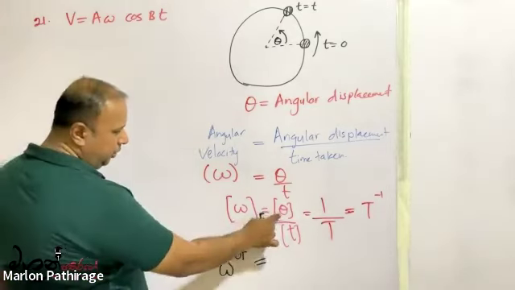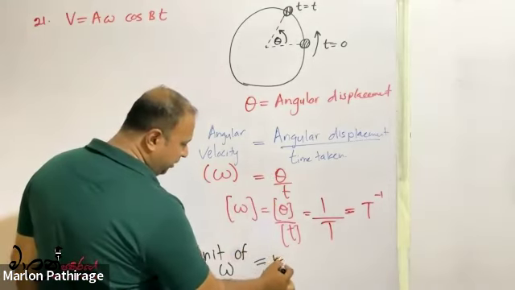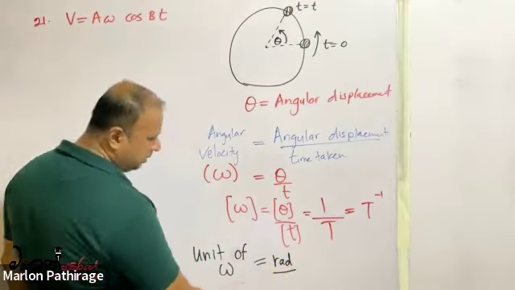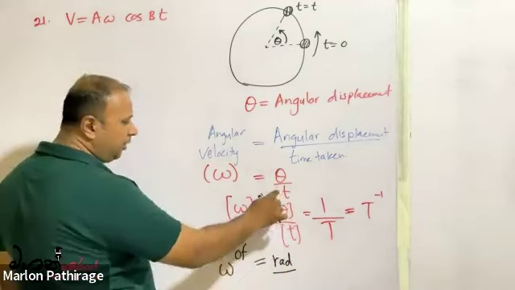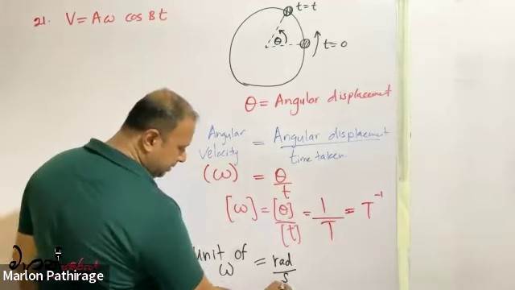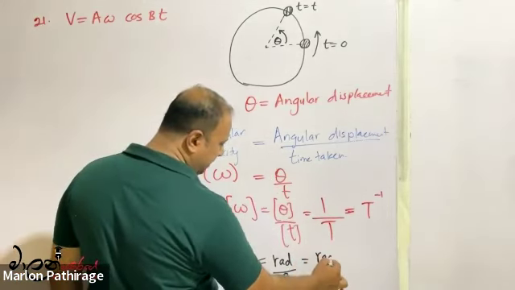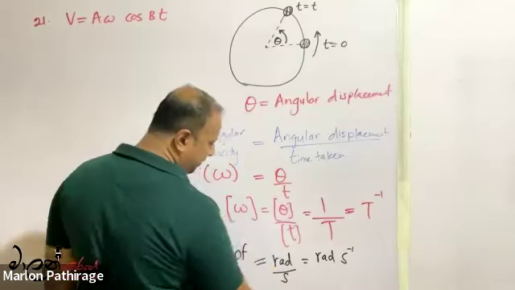Unit of omega means unit of theta. Unit of theta means radian. Theta is measured by radian. Then unit of time is measured by seconds. Therefore, unit of omega is equal to radian per second.